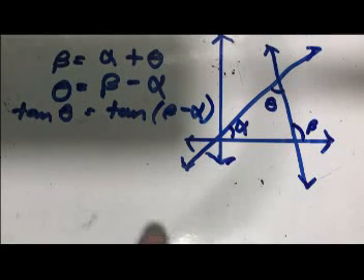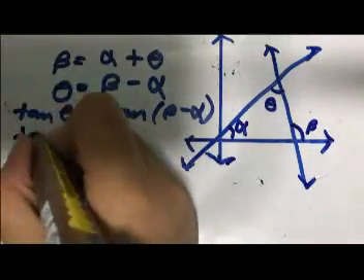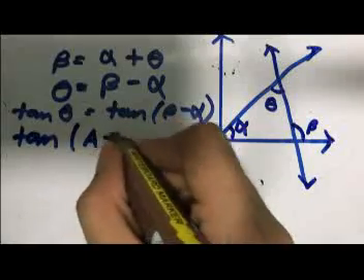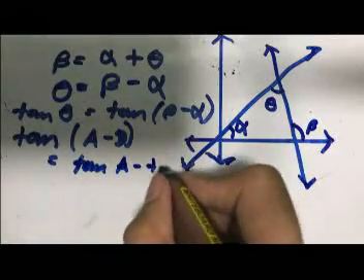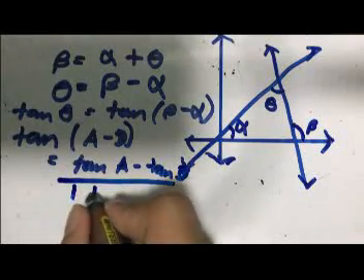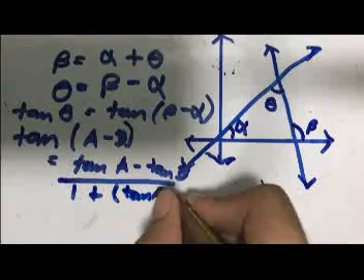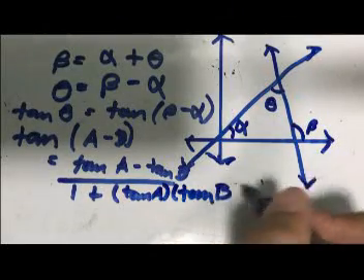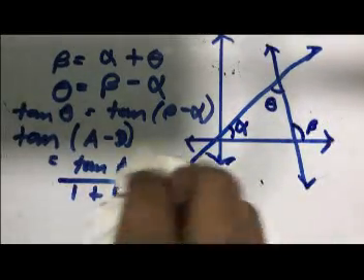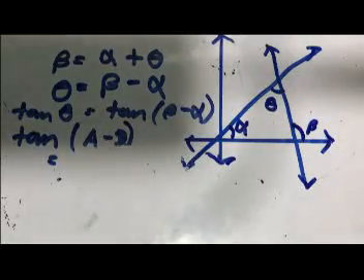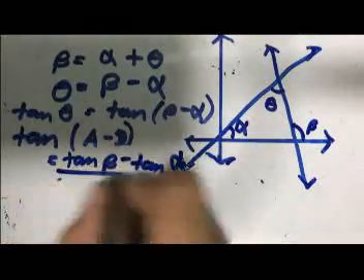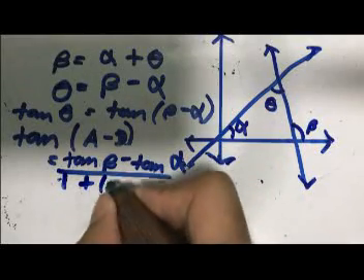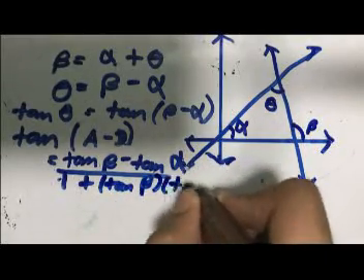From this, we can see that this is the same as the trigonometric identity: tangent of A minus B equals tangent A minus tangent B over 1 plus tangent A times tangent B. If we substitute, we get tangent beta minus tangent alpha over 1 plus tangent beta times tangent alpha.